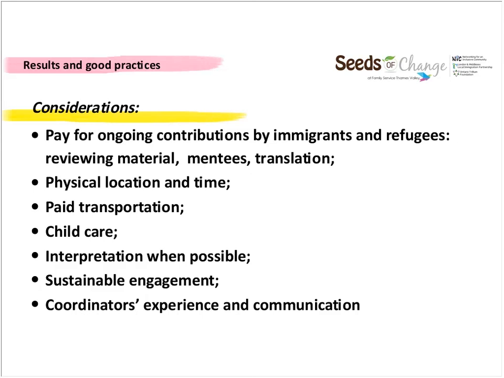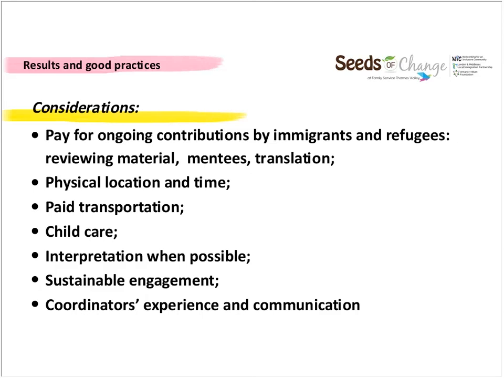Fortunately, in this most current phase of the project, we were able to find two coordinators who did have refugee and immigrant background, and also a whole breadth of skills that we were looking for. Because the coordinators had to be kind of a jack of all trades at times, it can be difficult to find people who have everything. So we've been very fortunate that we've had 4 great coordinators.